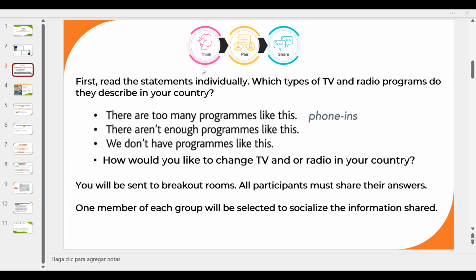There aren't enough programs about criminal stories and science. Definitely in Colombia, we don't have programs about science fiction. And finally, we would change the content of public channels for more modern formats such as series and more cultural, sports, and science content.